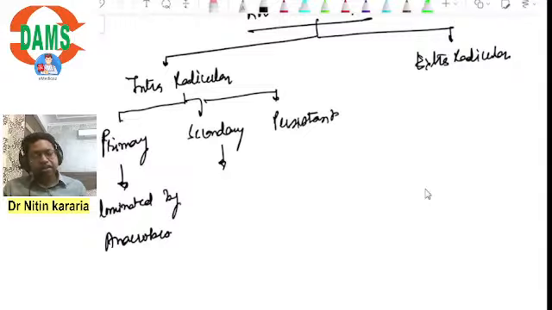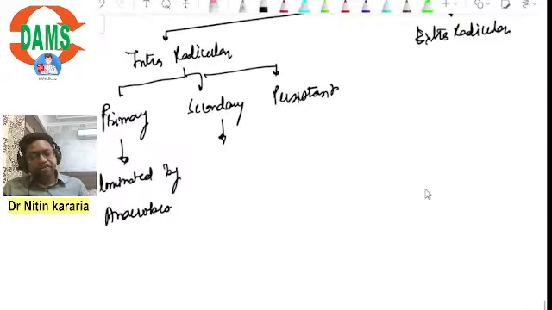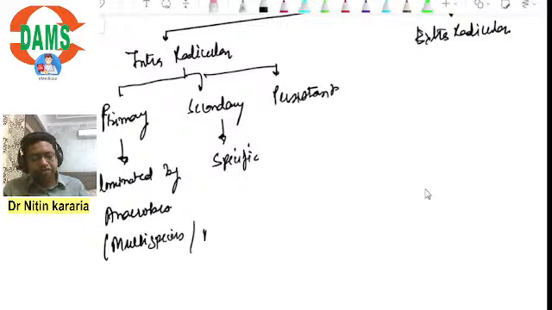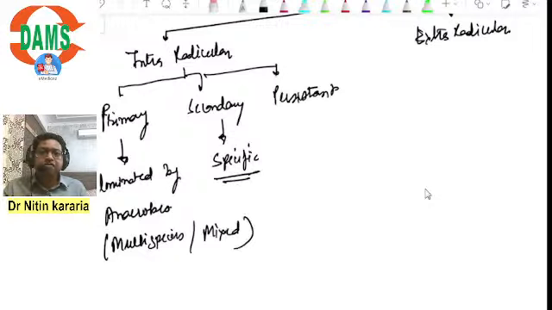Primary infections are mostly multi-species or mixed infections. Secondary infections are more specific, where a particular set of bacteria are responsible.